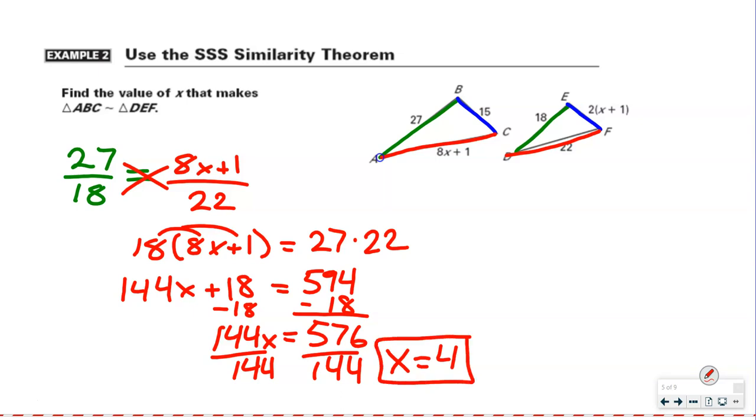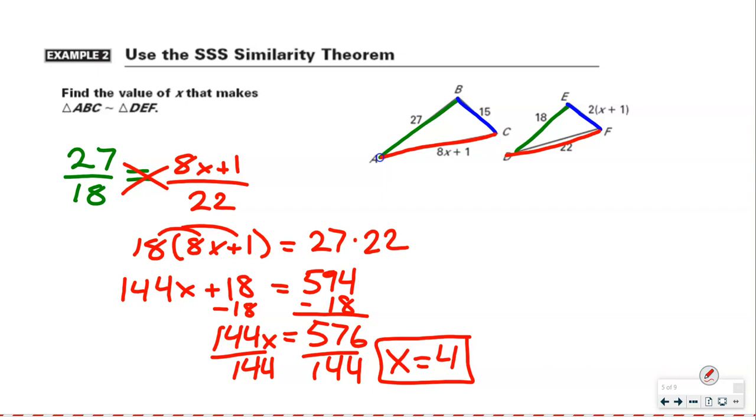So we could have used BC and EF with 15 over 2 times x plus 1, instead of 8x plus 1 over 22 if we wanted, and we still would come out with x equals 4. We could also set it up with BC over EF and CA over FD.